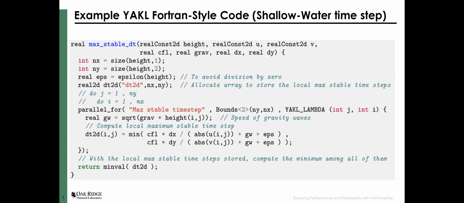I won't go over everything here, but this is calculating the maximum stable time step for a shallow water model, for instance. But we pass in our arrays, height, U and V, and you can grab the dimensions like an assumed shape array using the size intrinsic. We have epsilon and a number of other intrinsics. When you allocate an array, it is similar in nature to the Fortran allocate statement at least, except we have this label here for debugging and profiling.